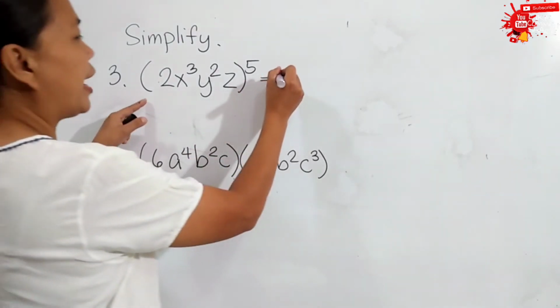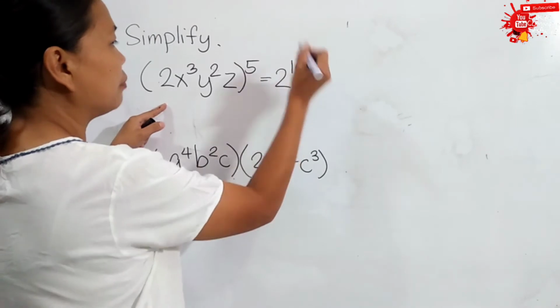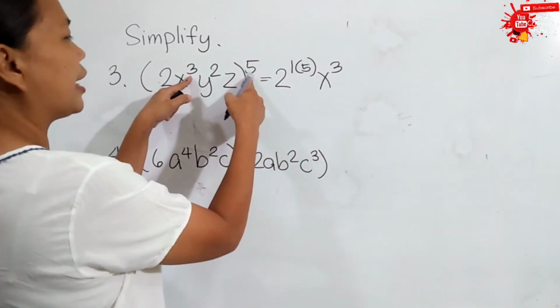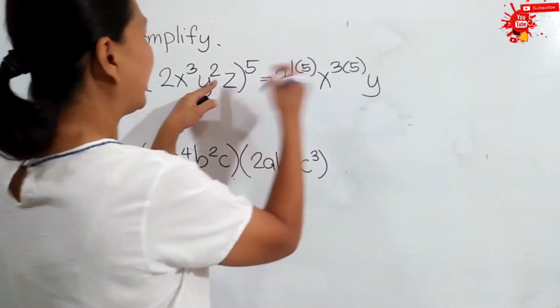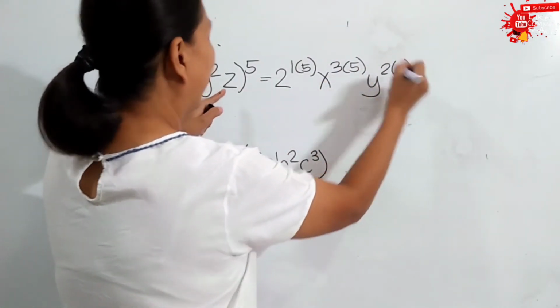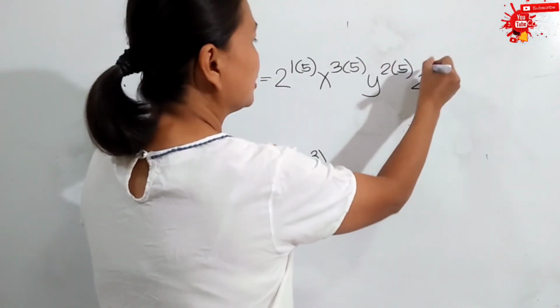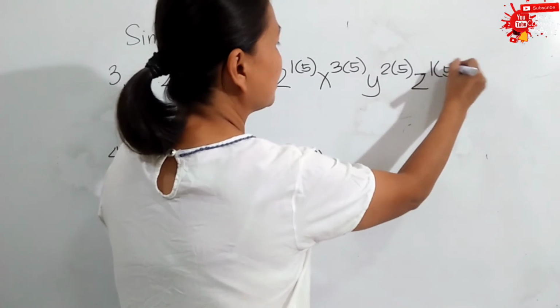Okay? So we will have 2 raised to 1 times 5. Then we have x raised to 3 times 5. Then we have here y raised to 2 times 5, and z raised to 1 times 5, c raised to 1 times 5.